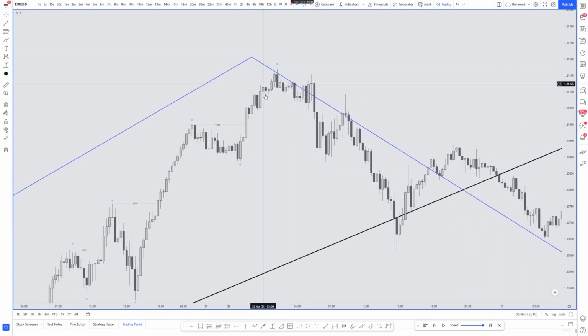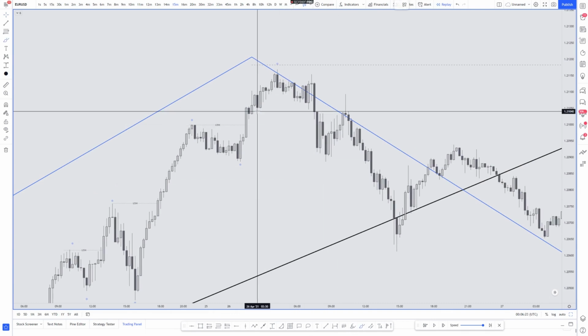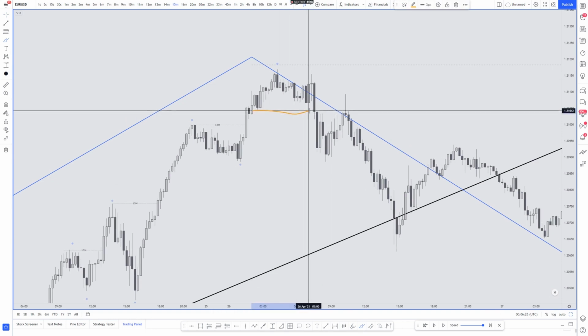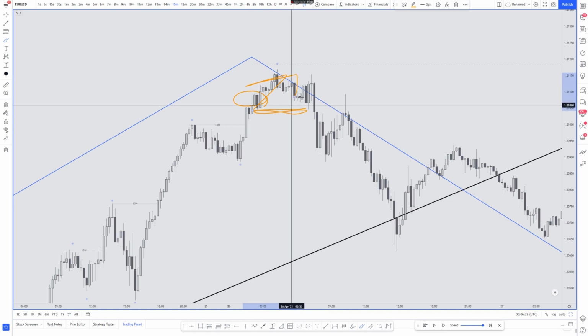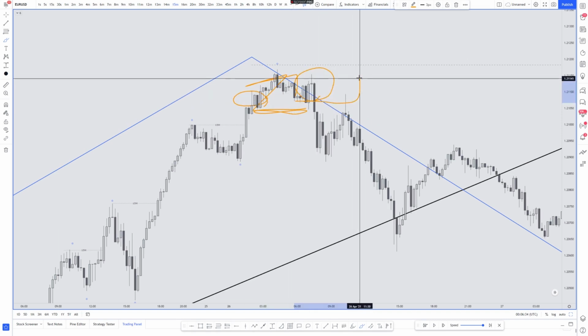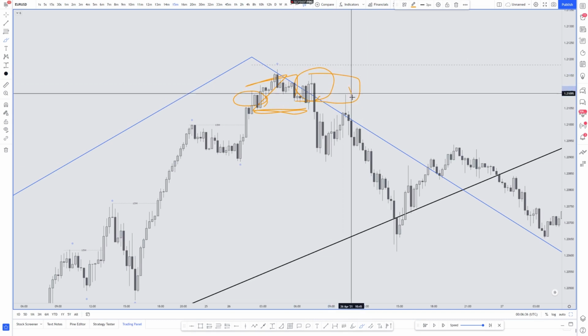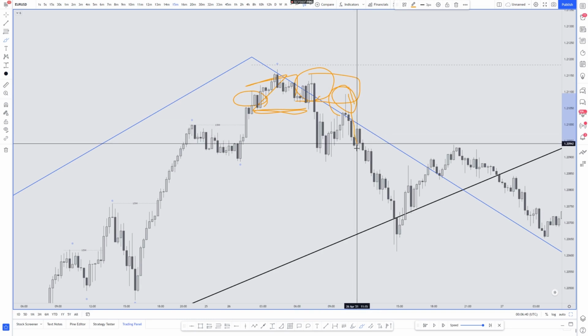So here we are the top of 4-hour structure. Ultimately, we get a change of character here when this last sort of demand goes that put in this high. So something in here caused that. As you can see, this supply zone gets mitigated, and ultimately you would take a trade from something in here on the lower time frame.